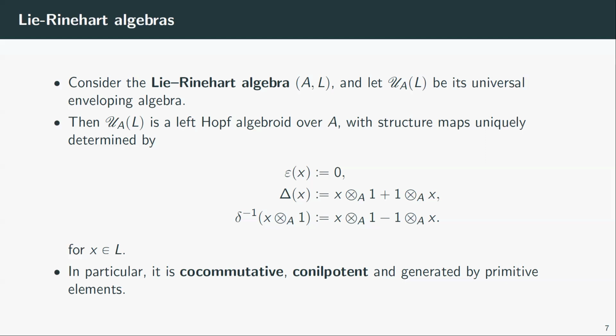And if we were working with coalgebras over a field, then this filtration is a coalgebra filtration. And in our example later, we will see that this is not true in general over commutative rings.